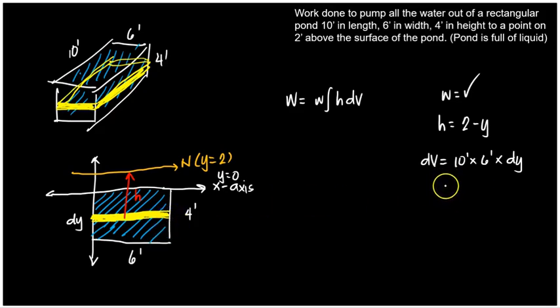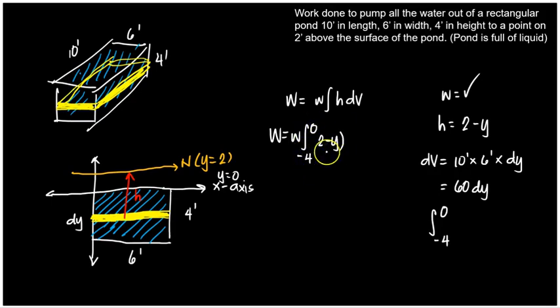So this one would then be 60 dy, and then the limits, since it's all of the liquid being pumped out, take note, the limits have to be where the liquid is at. So that is from -4 up to 0. Therefore, the working equation for work would be integral from -4 up to 0 of (2 minus y) multiplied by 60 dy.